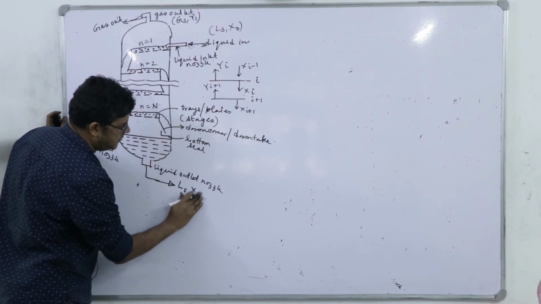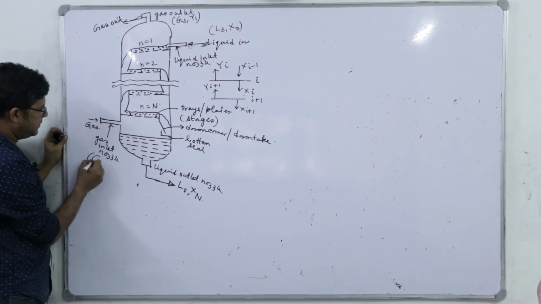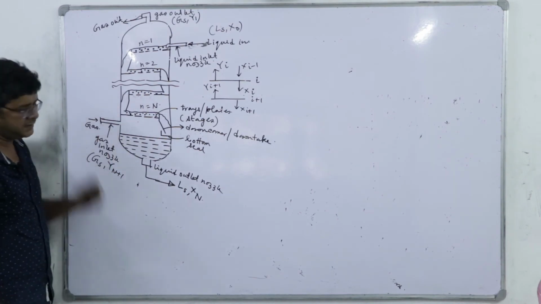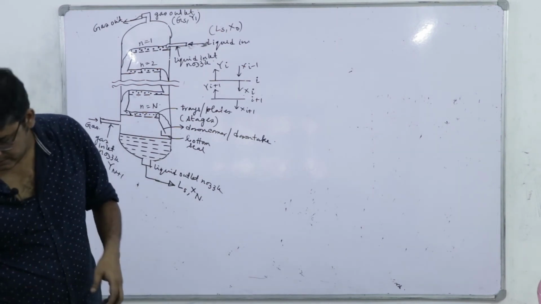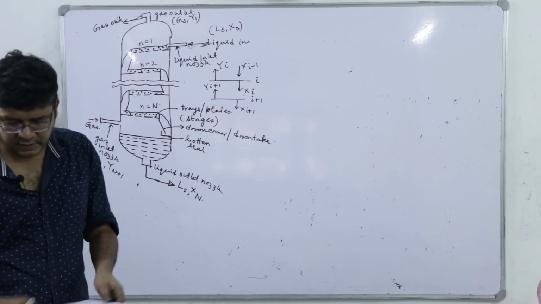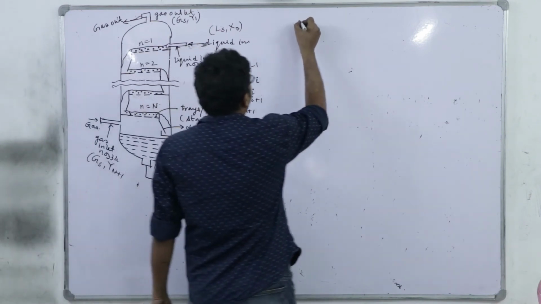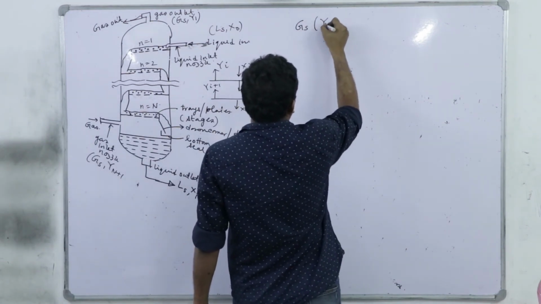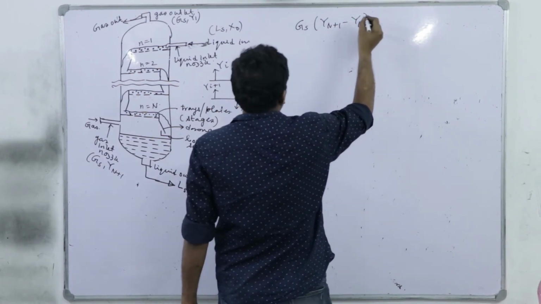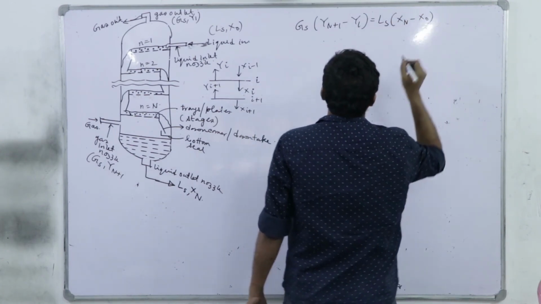Here Ls and Xn, and here the gas is Gs and Yn plus 1 because the last tray is capital N. We can write the overall balance as Gs into (Yn plus 1 minus Y1) is equal to Ls into (Xn minus X0).